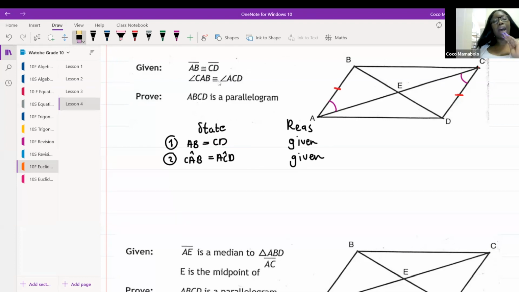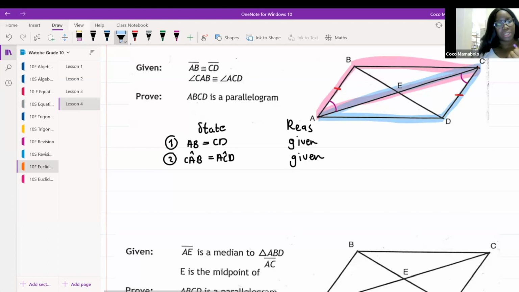Now, remember, we've been learning about congruent triangles. If I ask you to prove that this triangle and this triangle are congruent, we would have to find 3 reasons.